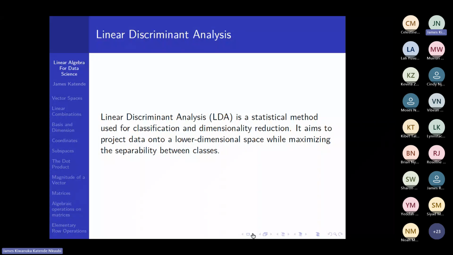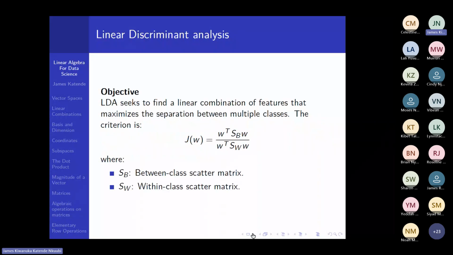So LDA does this. It classifies and tries to reduce the dimension as well. So what usually you are supposed to do is to minimize this quantity. So you find a vector onto which you can project and minimize within. You maximize separation between the classes and minimize the variance within the classes.